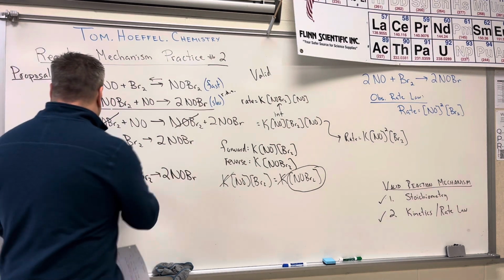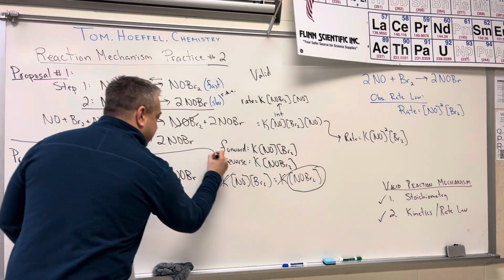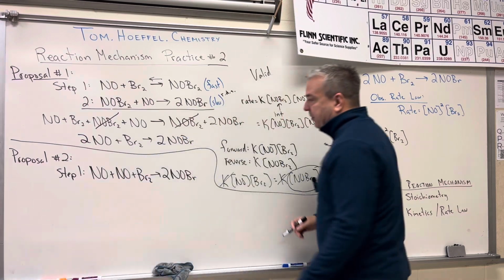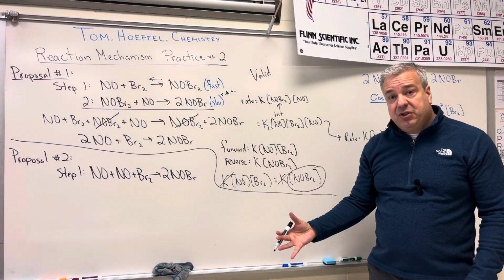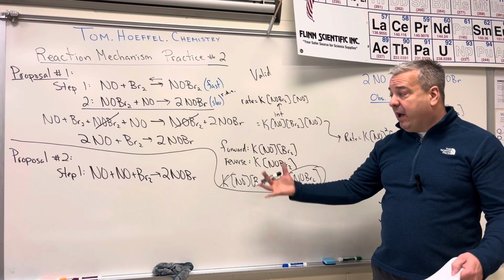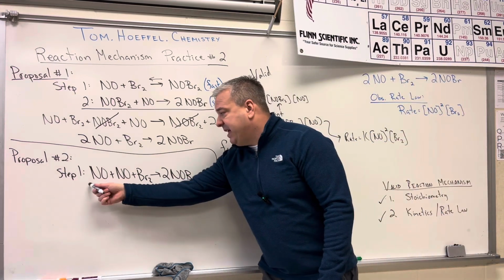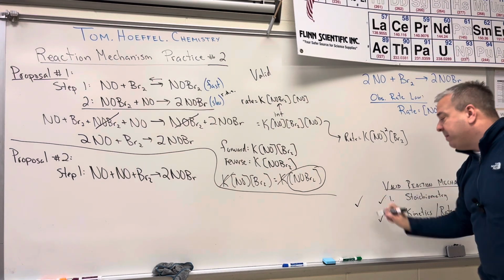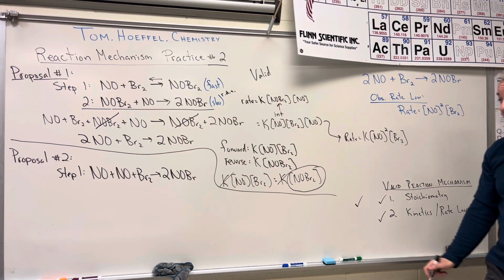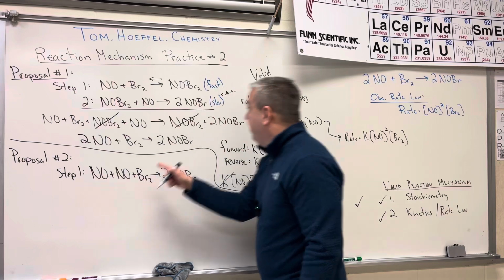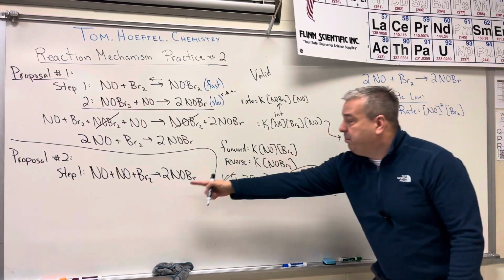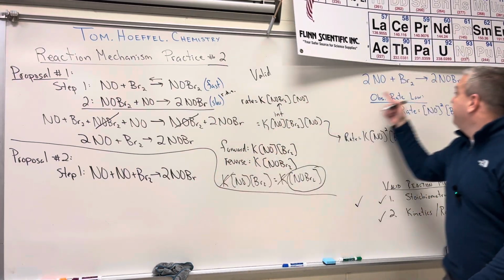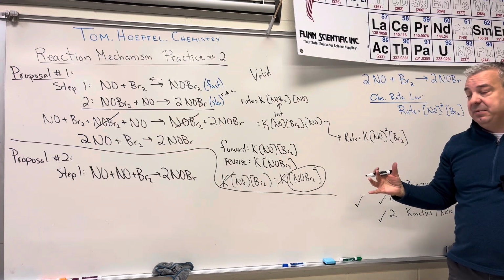Okay, so I kind of want to separate these guys and see if proposal number 2 is valid or not. Okay, well, does it match the stoichiometry of the overall chemical reaction? It does, so it passes the stoichiometry test because basically NO and NO is 2NO, right? Br2, 2NOBr, okay, everything matches up, okay?